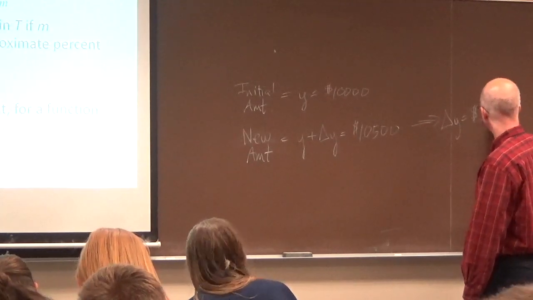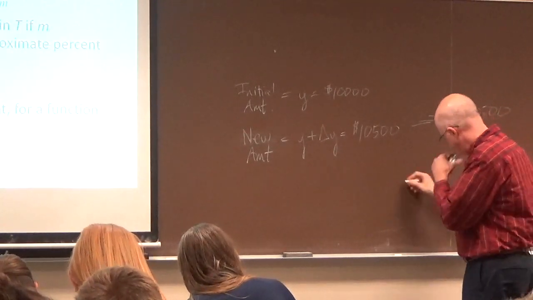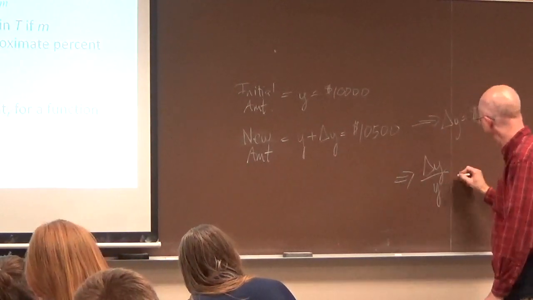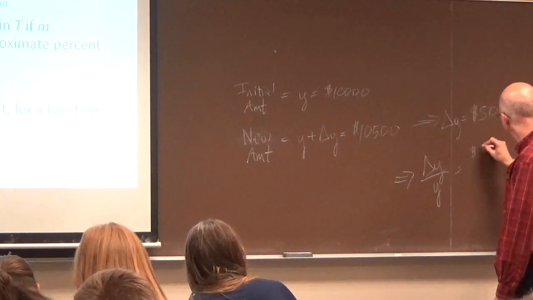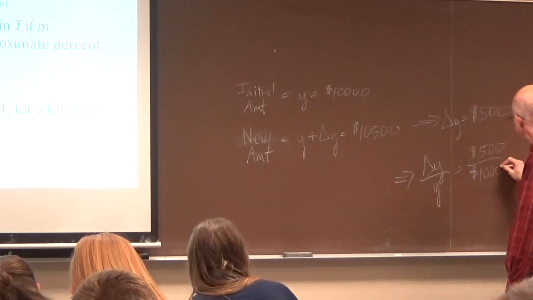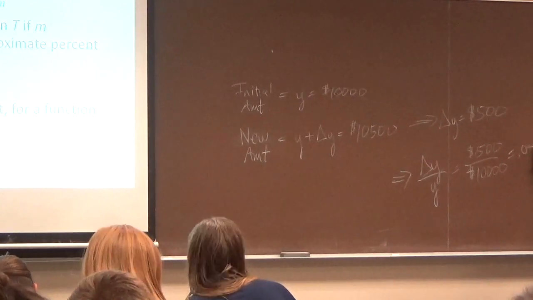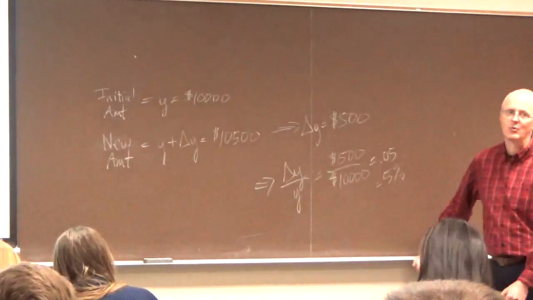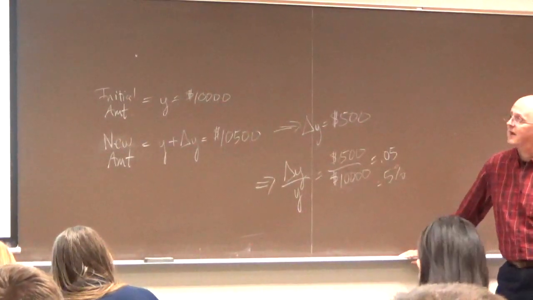It went up by $500. The ratio delta y, the change in the amount, divided by the original amount, $500 divided by $10,000, that's going to be 0.05 or 5%. It's a 5% relative change, okay?